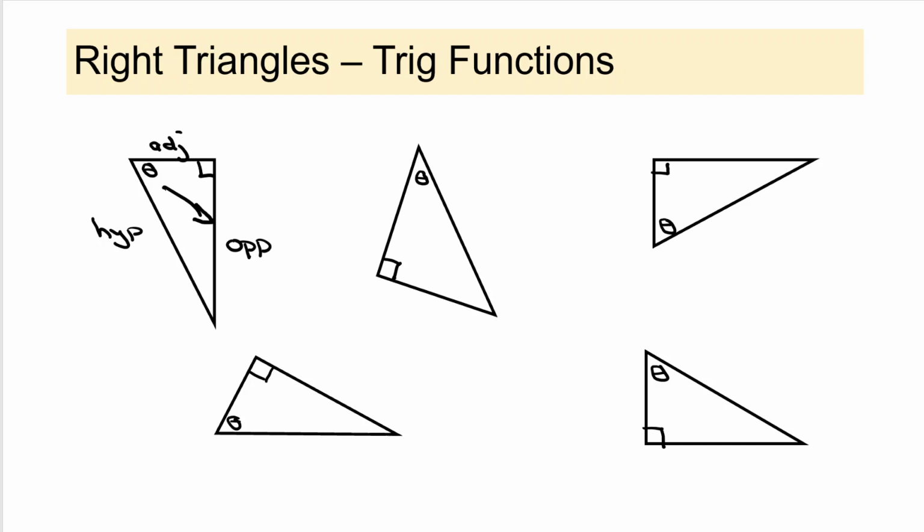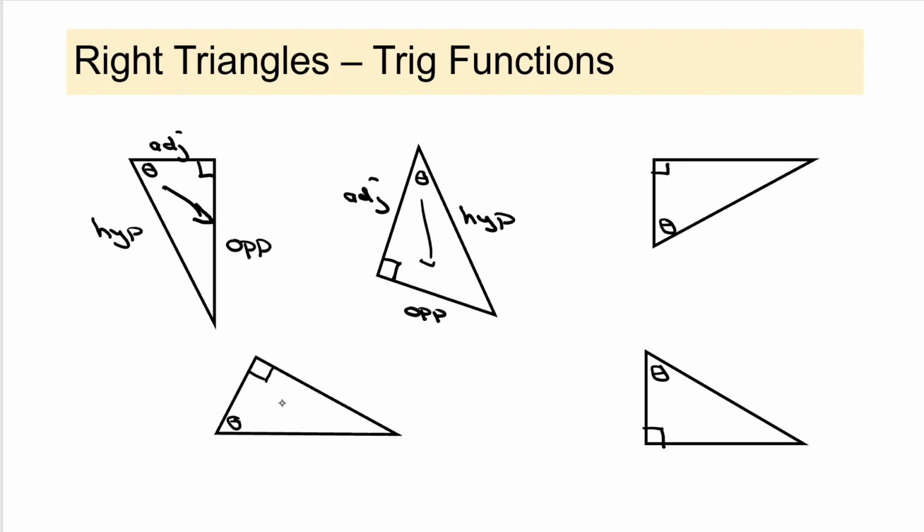So let's do a couple more. Here, same process. Opposite the right angle is the hypotenuse. Opposite theta is opposite. Touching theta, but not the hypotenuse, is adjacent. Okay, one more.